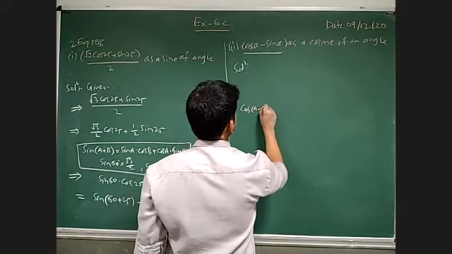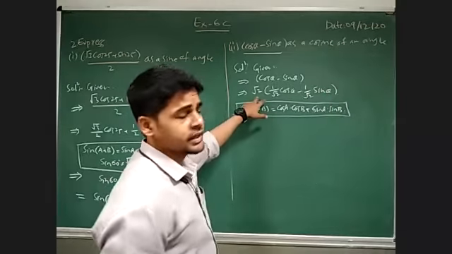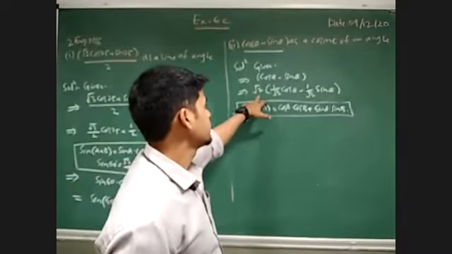If I am multiplying and dividing this bracket with root 2, then here I have to write 1 by root 2 cos theta minus 1 by root 2 sin theta.